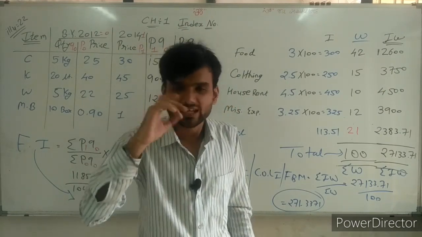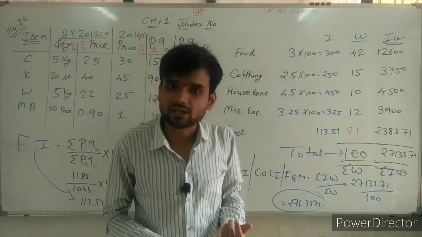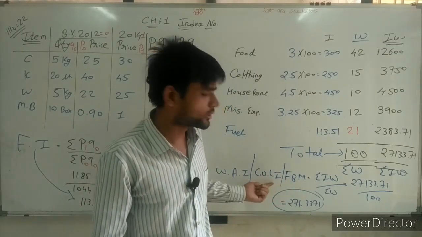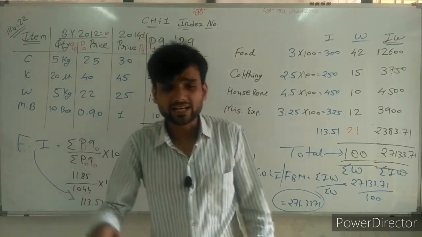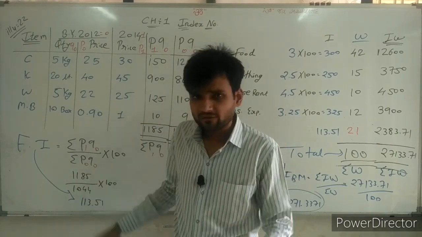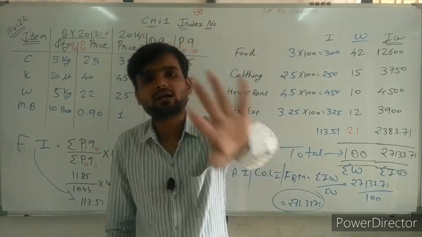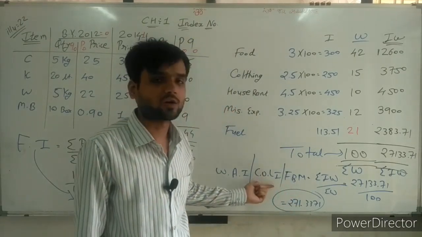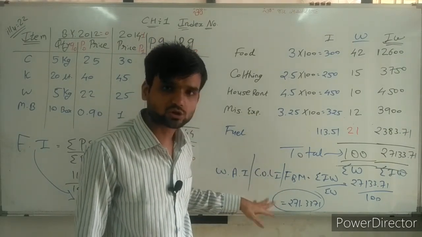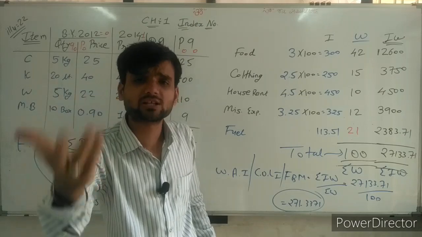That's it. Even I want to tell you one more thing. If the total expenditure method is given, even in the total expenditure method, you can find the cost of living index number. And second, last pair or partial. First apply last pair. If last pair is not applicable, then apply partial. Both are total expenditure method. Sometimes the cost of living index number is also used when family budget is given, when total expenditure is given.